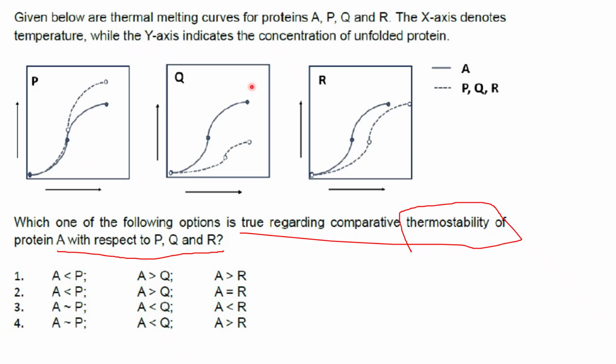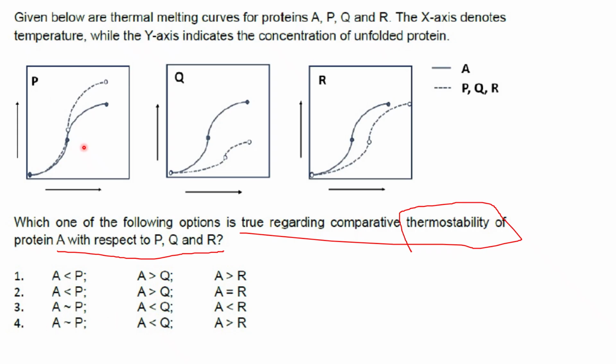But when you compare A with Q, you can see that only when the temperature has increased. A requires lesser temperature, Q requires more temperature to unfold 50%. So Q is more thermostable than A. Similarly, R also requires more temperature to unfold than A, so R is more thermostable than A. Now see the options.